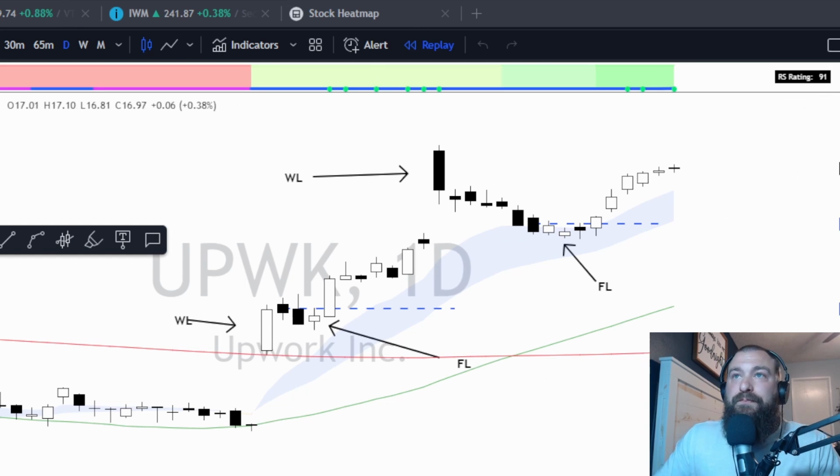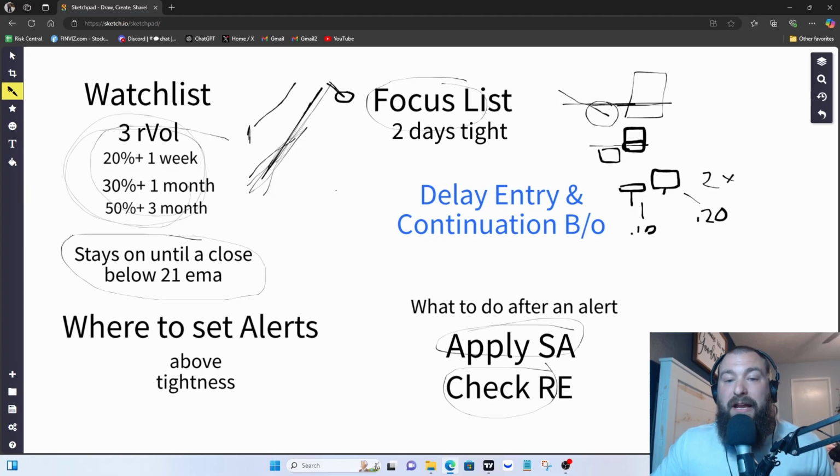So this is how we trade delay entry and continuation breakouts using very simple scans, but really it's our eyes that are doing most of the work. You need to just really focus on, for me, very few simple scans and then having excellent management of what's on a watch list and what's on a focus list.